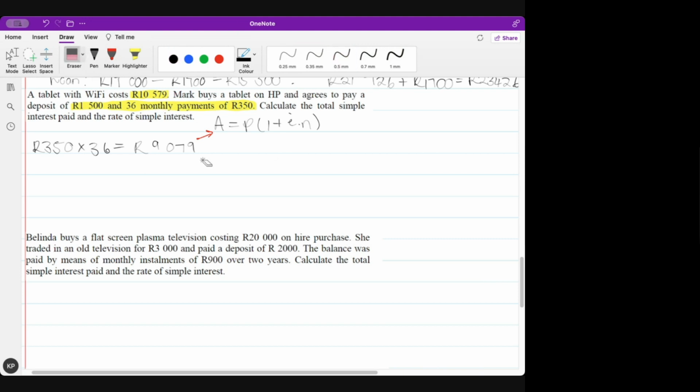Guys, let's all come back together. 350 times 36 is what he ended up paying back, which is the accumulated amount. Are we with me? So what is 350 times 36?